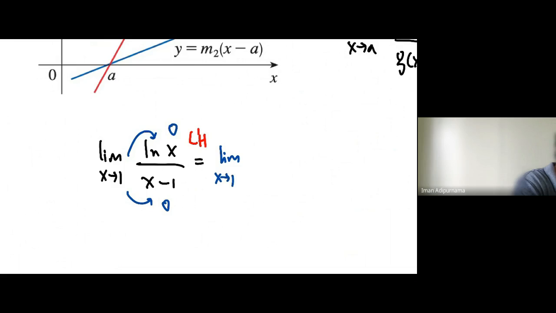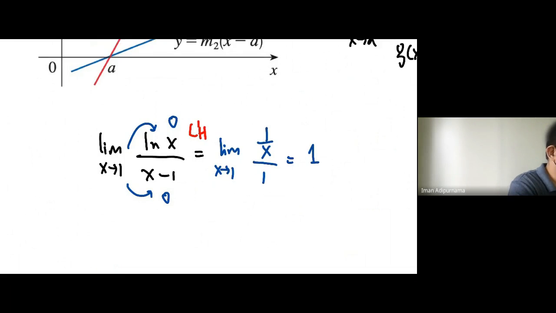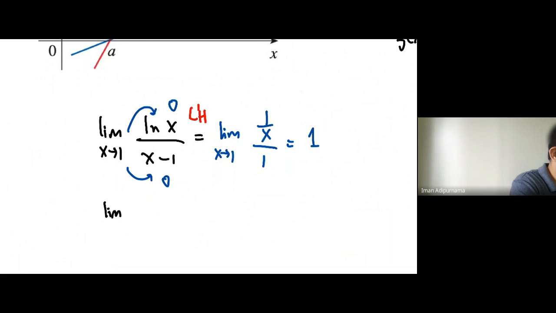We still have the limit, and 1 over x, and x is 1, so this will be 1 over x. Substitute 1, it becomes 1. I just give a simple example first. Later I will give you a little bit more complicated one.